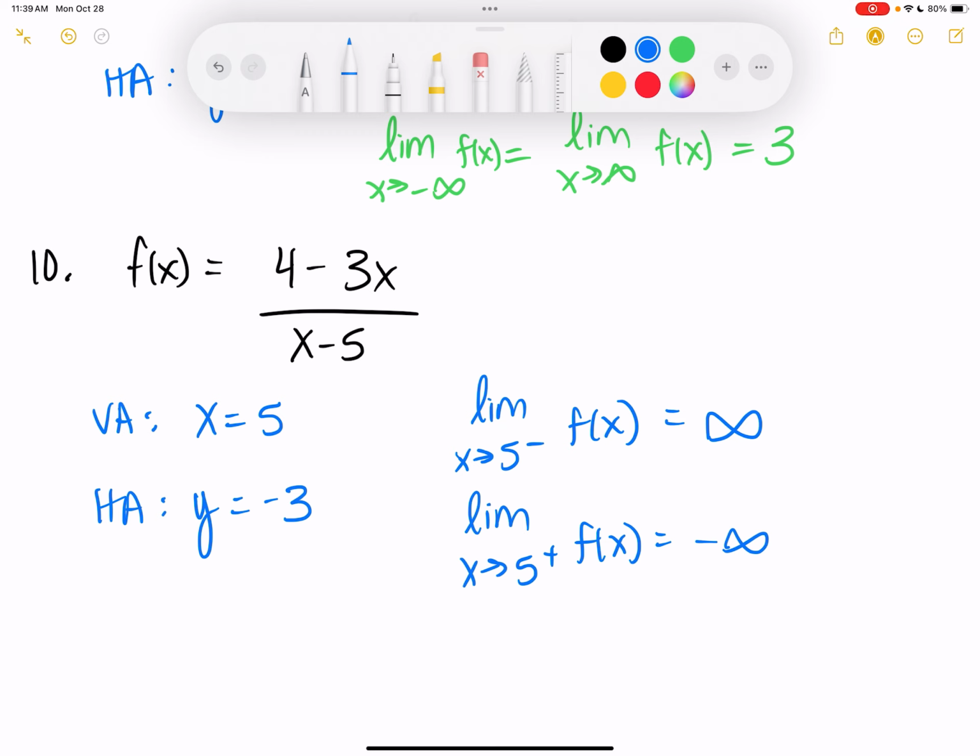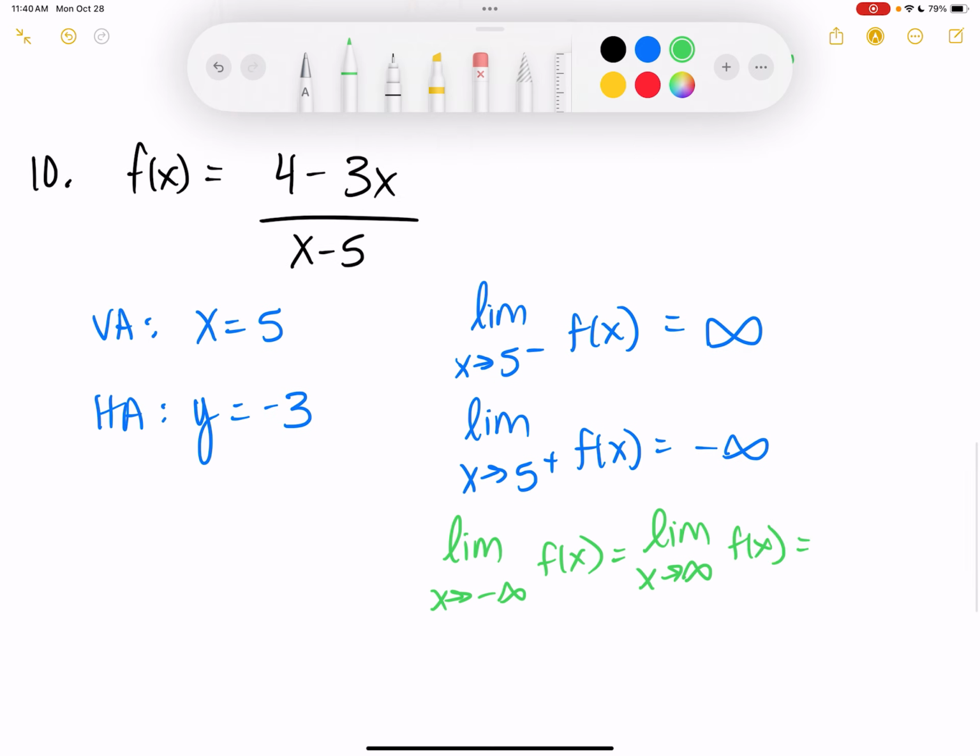All right, and then I need to do the limit for horizontal, so that's going to be the limit as x approaches negative infinity, which should be equal to the limit as x approaches infinity. So what happens if I put a really, really big number in for x?